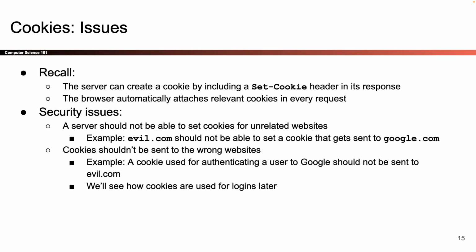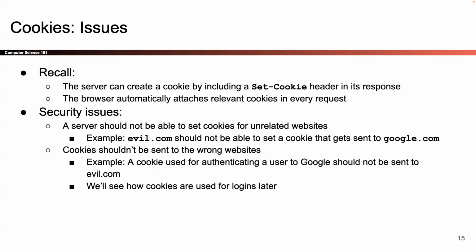Again, it feels like I'm breaking the same origin policy and allowing two websites to communicate when they shouldn't. So I need to prevent cookies being sent to the wrong places, because the browser is automatically attaching relevant cookies. I need to define this word relevant in a way that cookies don't get sent to the wrong place.